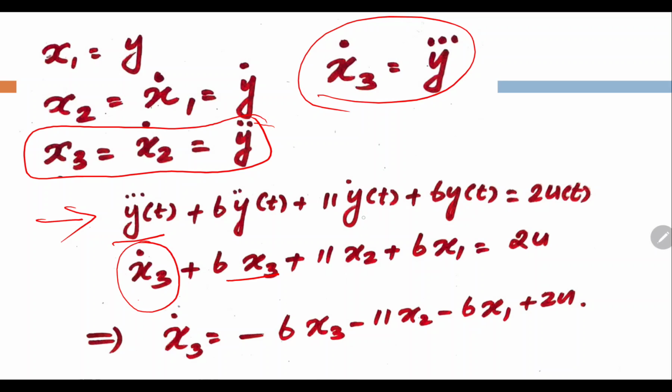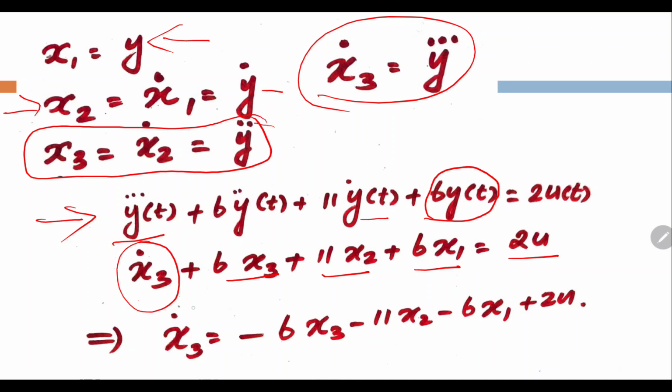Then y dot of t is equal to x2, so 11 x2, and y of t is x1, so 6 x1, which is equal to 2 into u.